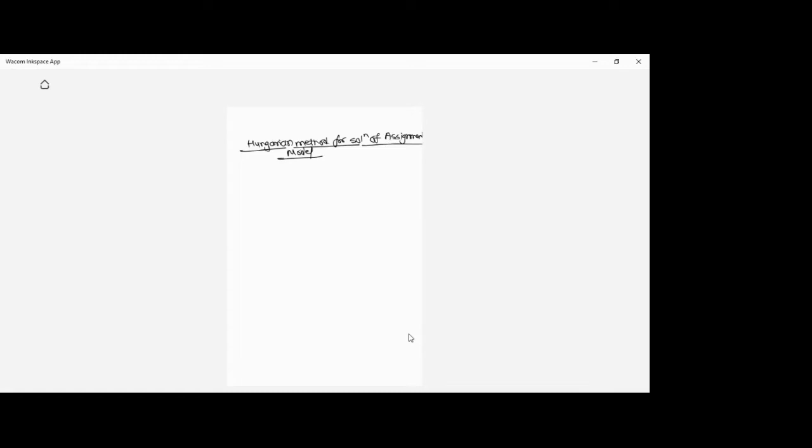Okay, we'll be solving the numerical first, and then writing the algorithm, so that it will be easy to understand, because we can't go in a parallel way.